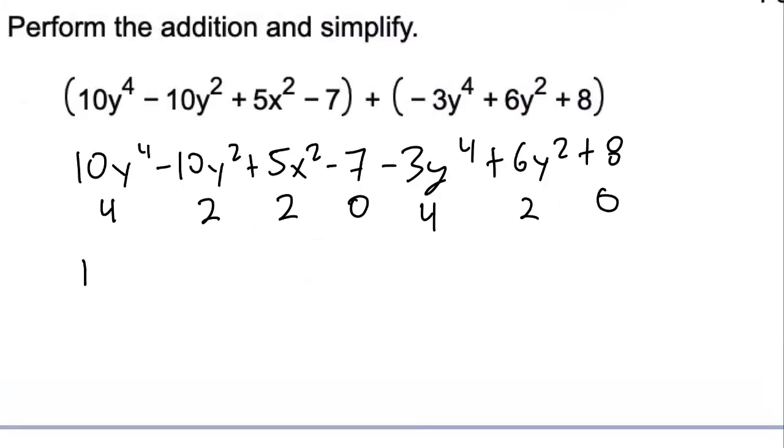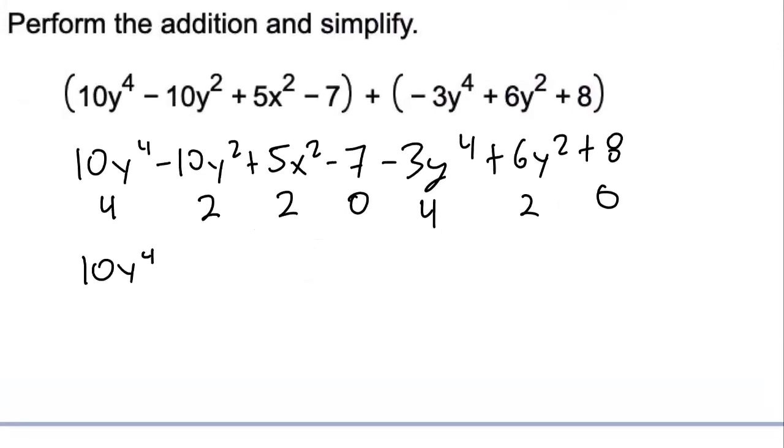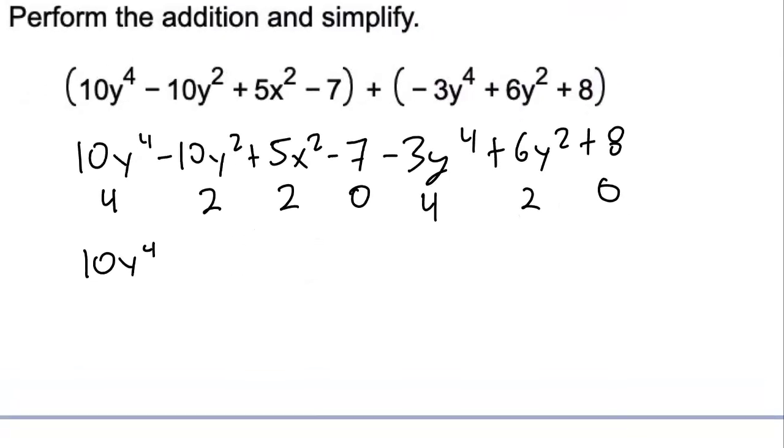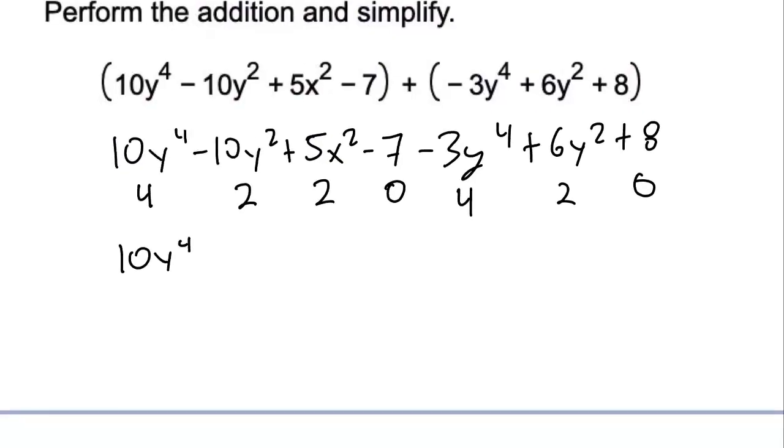Okay. 10y to the 4th minus 3y. So let's see. Okay, I'm having issues with my iPad. Give me a second. Didn't charge. Okay, give me a quick second while I try to figure this out. Yep. My iPad did not charge. This is not good.